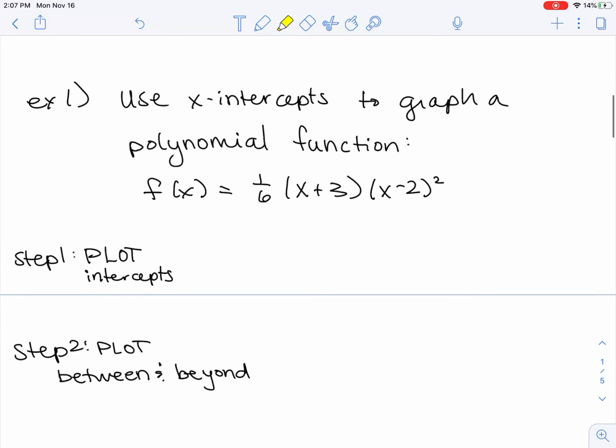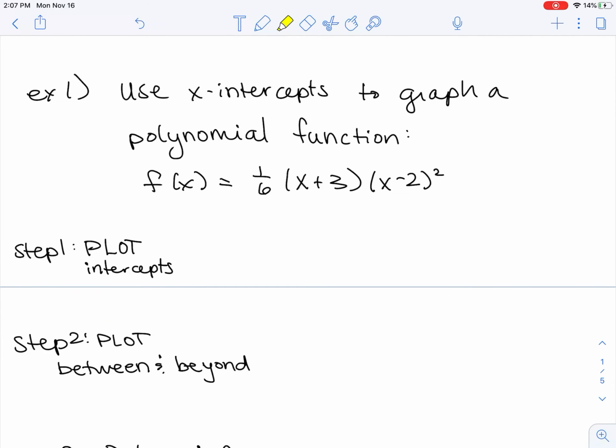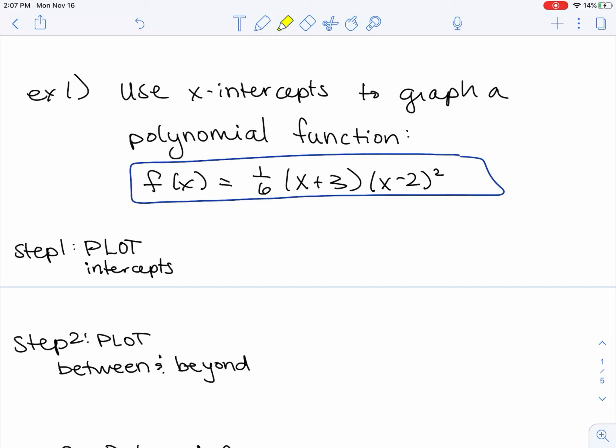So for example, let's use the x-intercepts to graph a polynomial function. Okay, so number one, when we've got a function that looks like this, notice how here we've got parentheses. We can call this factored form, or we could use this factored form to find the x-intercepts, aka the zeros.